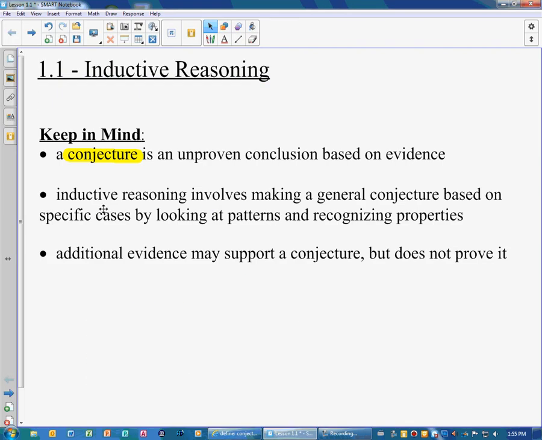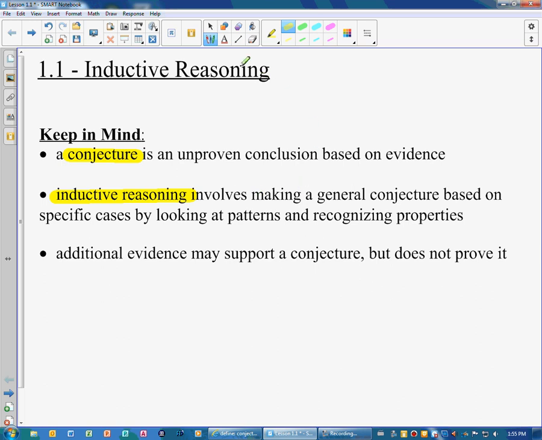Okay. Inductive reasoning, there's another definition. Inductive reasoning involves making a general conjecture based on specific cases by looking at patterns and recognizing properties. So if you see something happening over and over, you're going to induce that it's going to happen again. That's inductive reasoning.